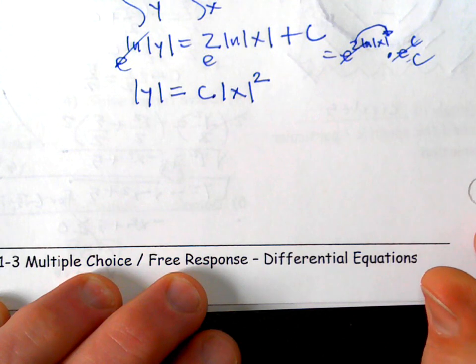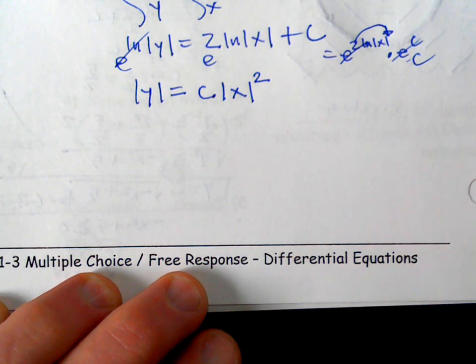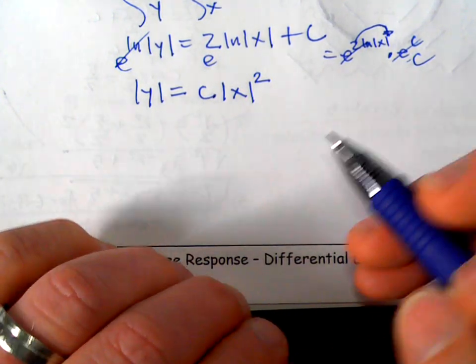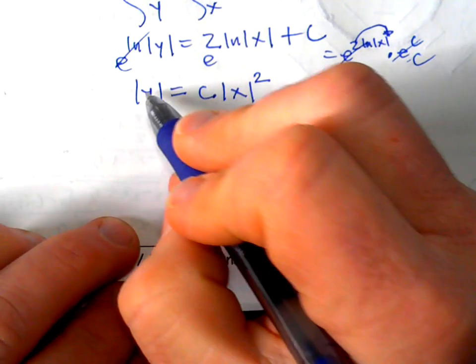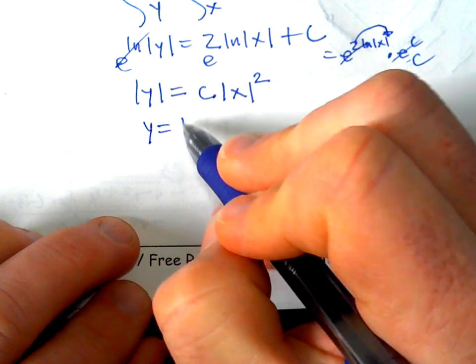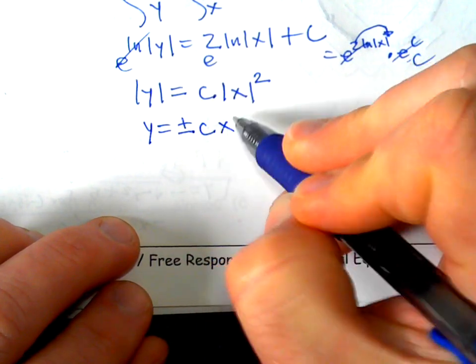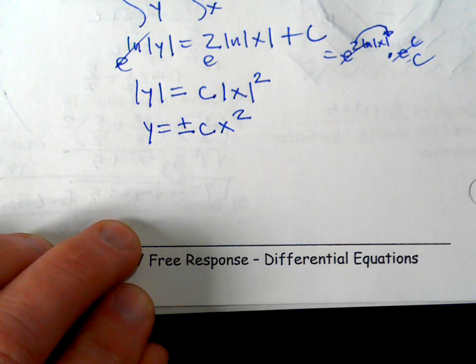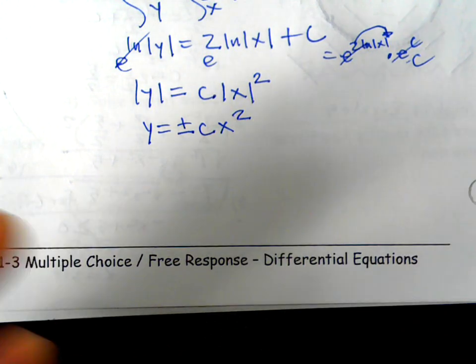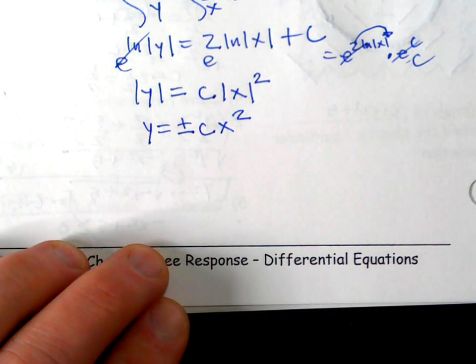Now, the fact that it's squared means the absolute values aren't necessary anymore, because that's going to force it to be positive no matter what. And then to get rid of the absolute values on y, I'm going to do plus or minus cx squared. That's our general solution.